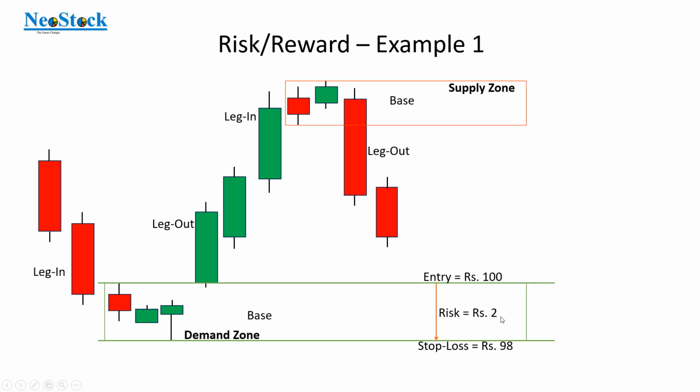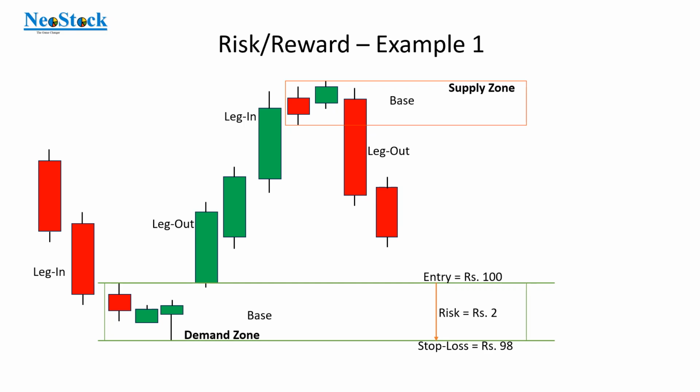So what is the percentage? Rupees 2 in 100 rupees is 2%. That means if the trade goes against you, you are in a position to accept a 2% loss from your capital. So this is how you need to understand the risk.